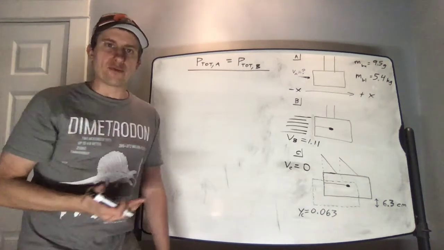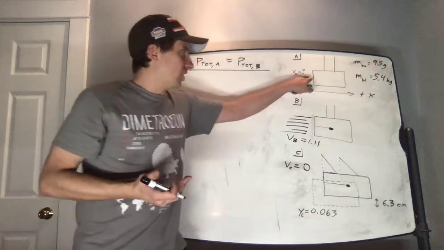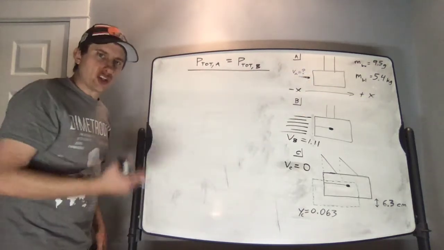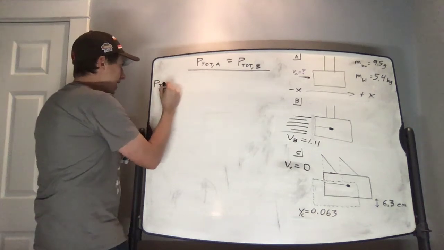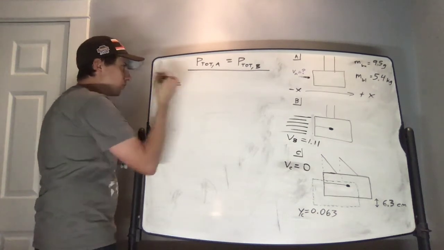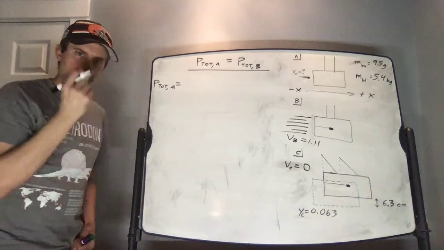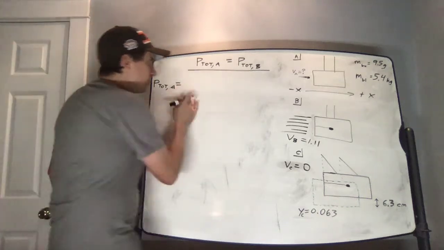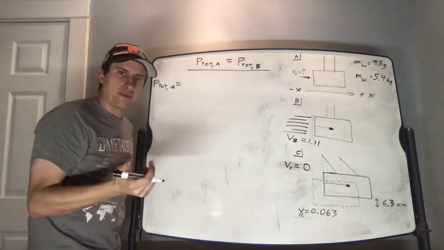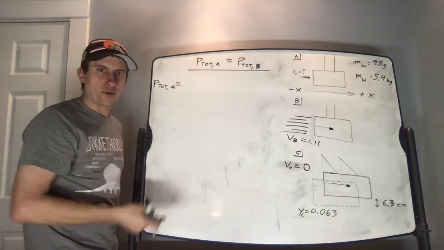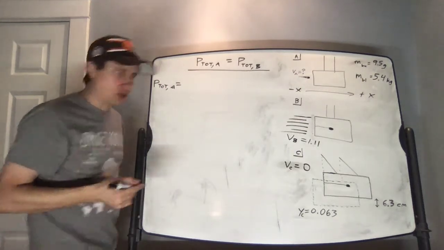In this system, we have two objects that we care about, the bullet and the block. So the total momentum at moment A, P total A, will be the momentum of the bullet plus the momentum of the block. At moment A, the bullet will have a mass of 9.5 grams. We should convert that 9.5 gram to kilogram.